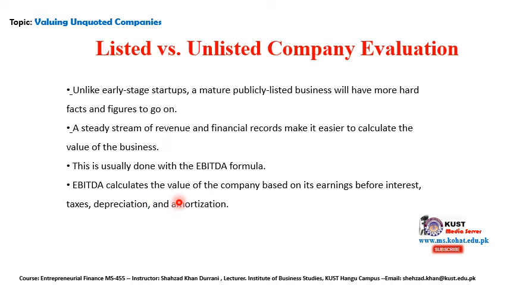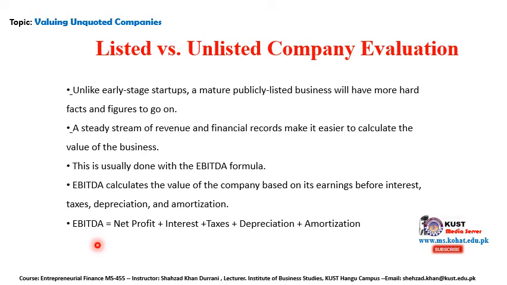EBITDA calculates the value of the company based on its earnings before interest. So E means earnings, B means before, I means interest, right? And T means taxes, D means depreciation, and A means amortization. So earnings before interest, taxes, depreciation, and amortization.